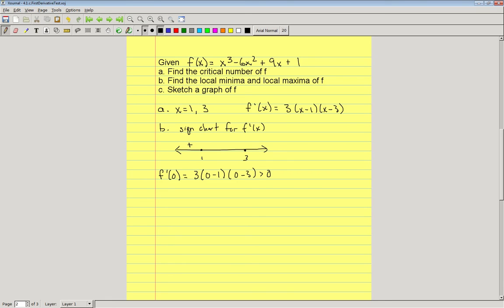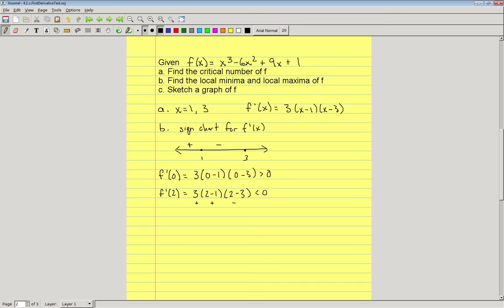Next up, we choose a number in our second region from 1 to 3. We will choose 2 and plug that into our derivative. So we get 3 times 2 minus 1 times 2 minus 3. This is positive, this is positive, and this is negative, which tells us that the entire product is negative, so we get a value that's less than 0.